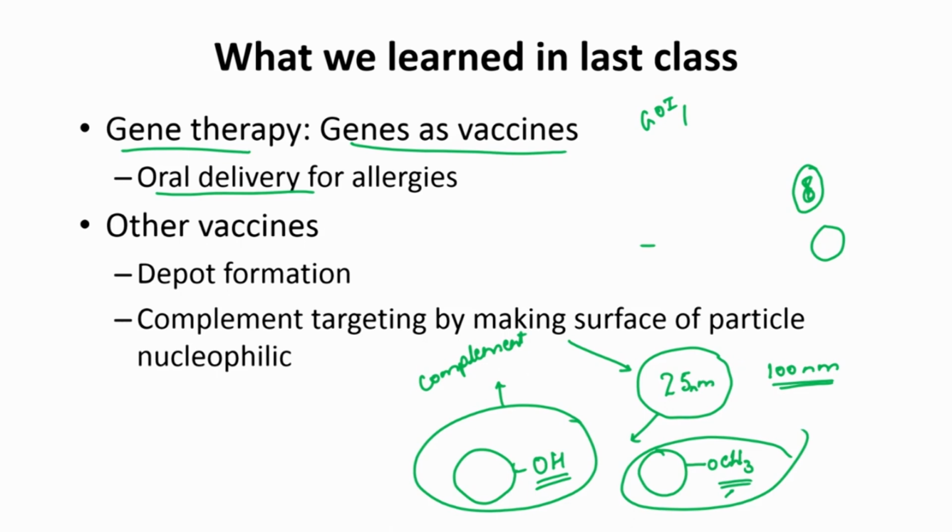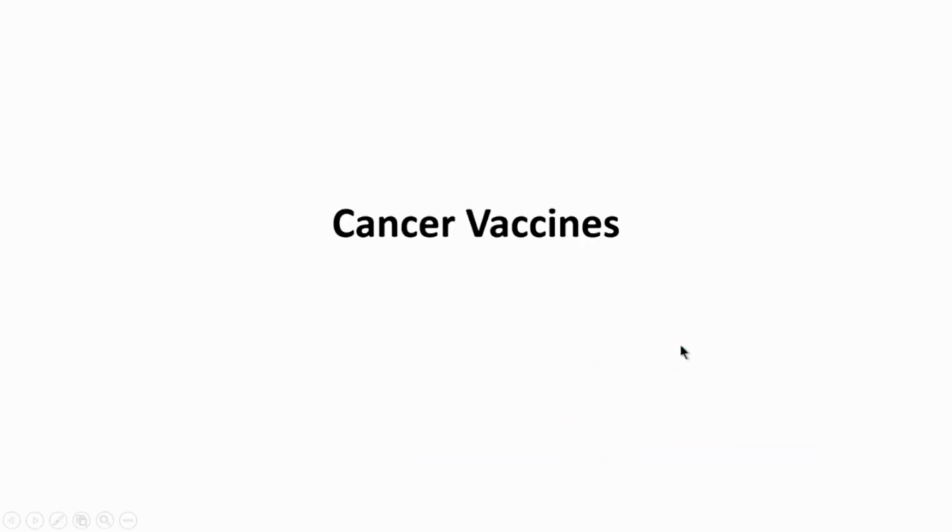Now we are going to talk about another type of vaccine that is particular for a disease, and these are cancer vaccines. Cancer vaccines are fairly widely used in the research phase, not so much in the clinical phase, although there are some examples and we will talk about that. But there is a lot of enthusiasm as well as hope that these cancer vaccines in the research phase will succeed and ultimately translate to the clinics, because as we all know, cancer is a big challenge that faces humanity at this point.